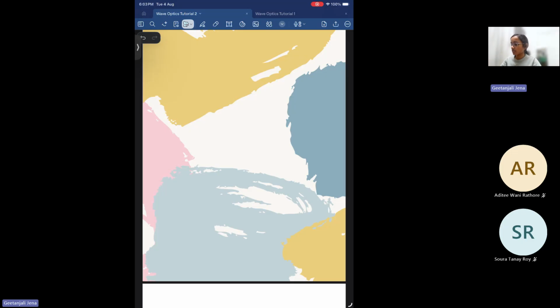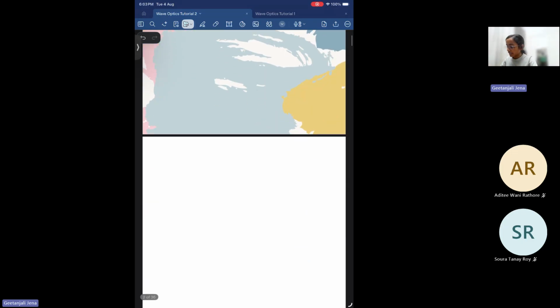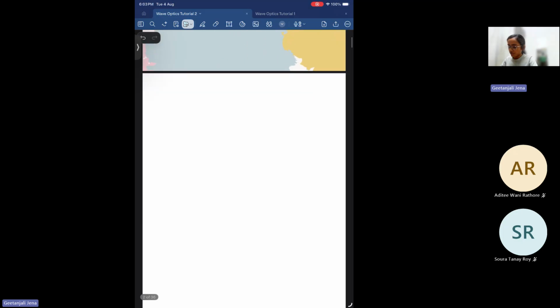For the superposition, we are just dealing with the superposition of scalar waves, not vector waves. So we are just dealing with waves that have the same plane of vibration. They are either parallel or antiparallel. So we are basically dealing with only one component of the electric field.